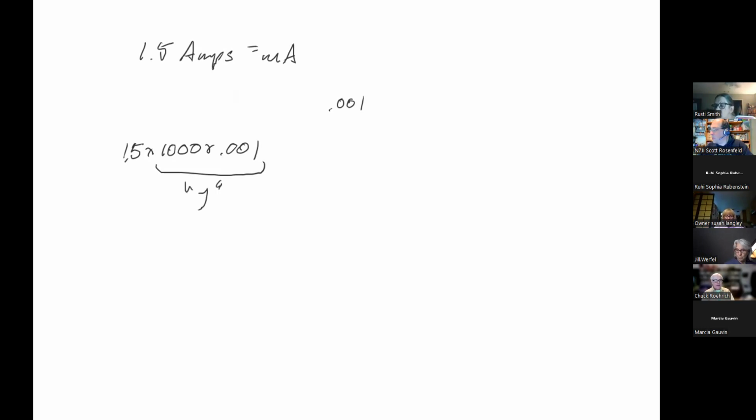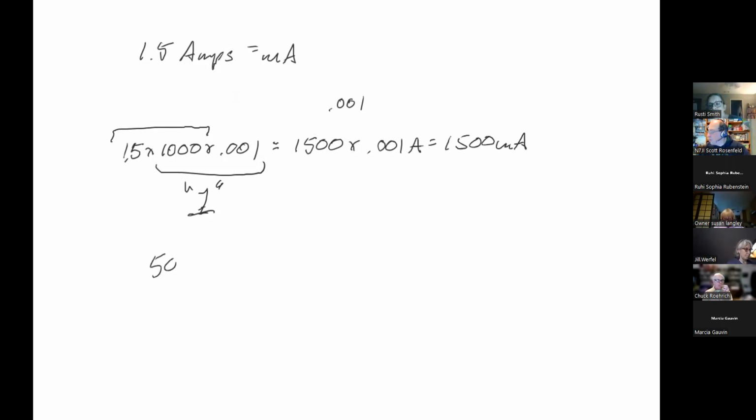You can always multiply something by the number 1 and come up right where we started, and then group them differently. So that's 1,500 times 0.001 amps is 1,500 milliamps. And that's how we go through and change units around.